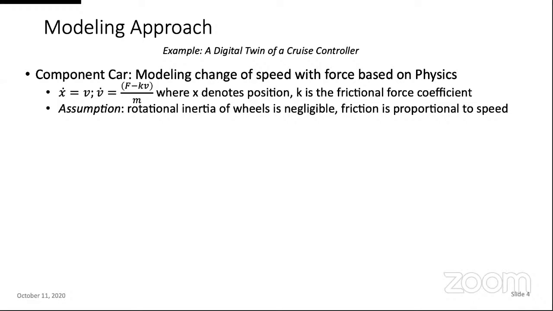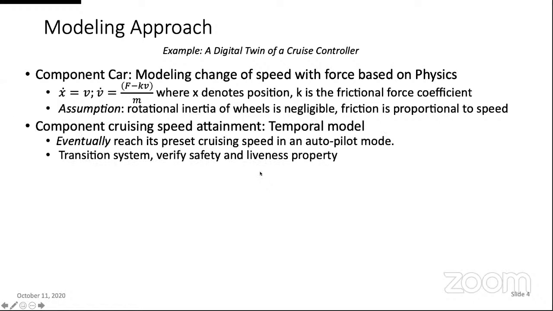Essentially, if you are computing what the acceleration should be, you can do that using these physics-based laws. Here again, you are making some assumptions. Specifically, you are assuming that the friction is proportional to speed, and that the rotational inertia is quite negligible, and with those assumptions you build a model here.